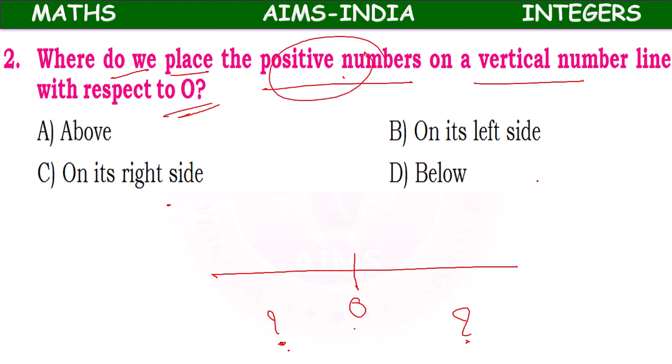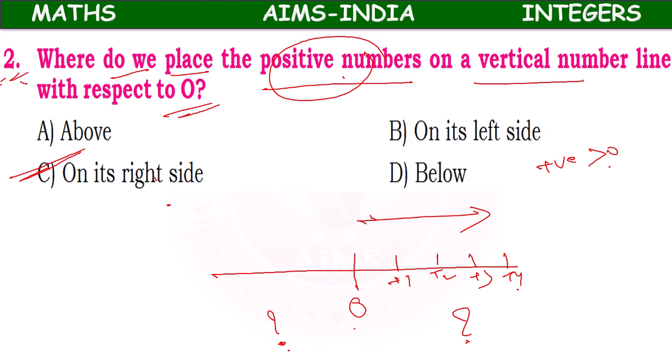Positive numbers are always greater than 0, and greater than means placed on the right hand side: plus 1, plus 2, plus 3, plus 4. To be placed on the right hand side of the number line. So the second option, on its right side, is the correct answer.